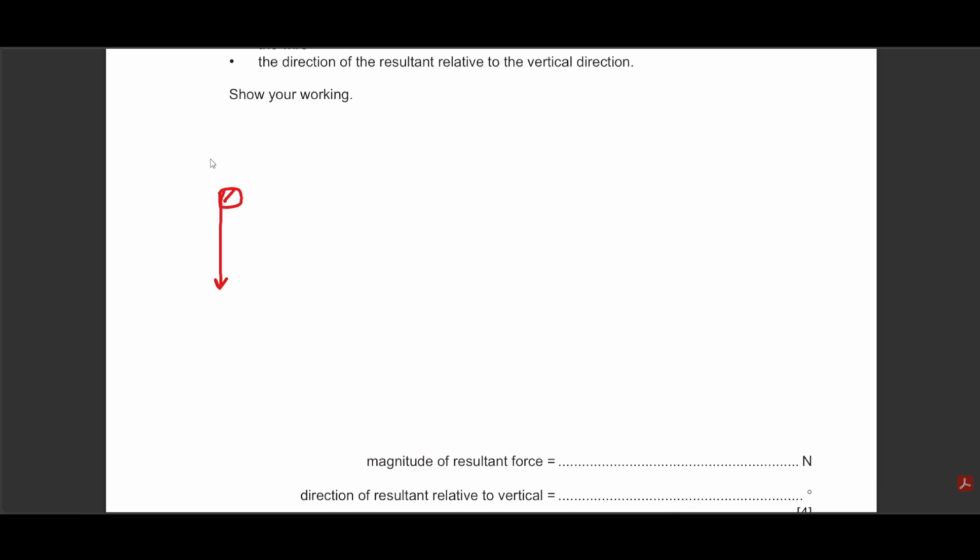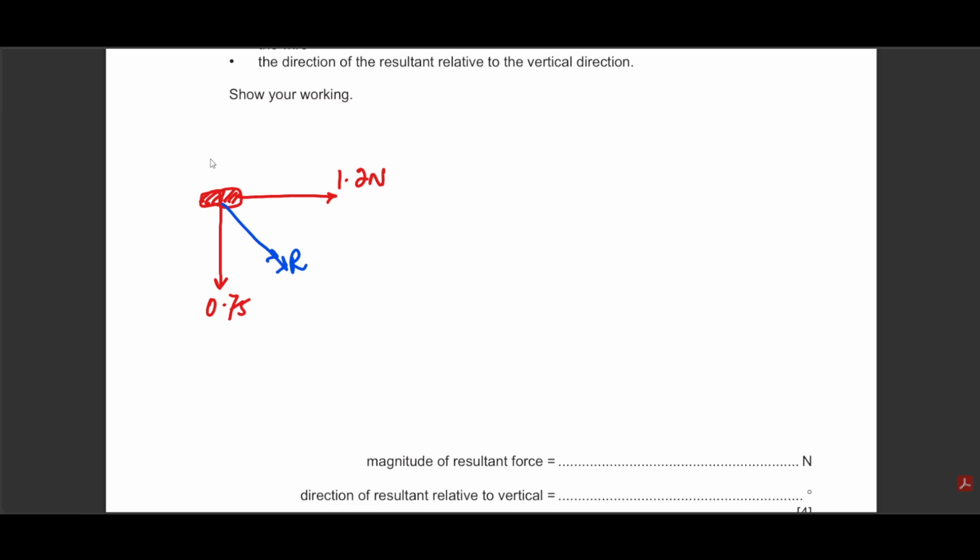If this is the object, there is a force acting downwards of 0.75, and on the horizontal side, this is approximately 1.2 newtons. So we can see that the resultant will be somewhere in this direction, and we can calculate its angle very easily, and the resultant as well.